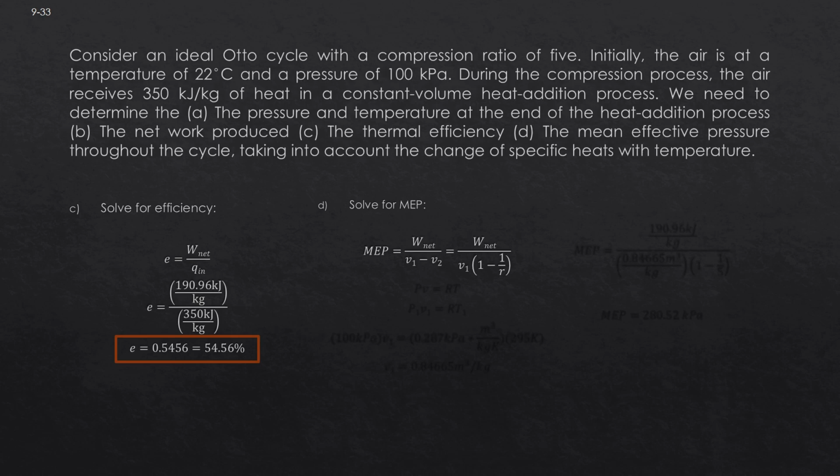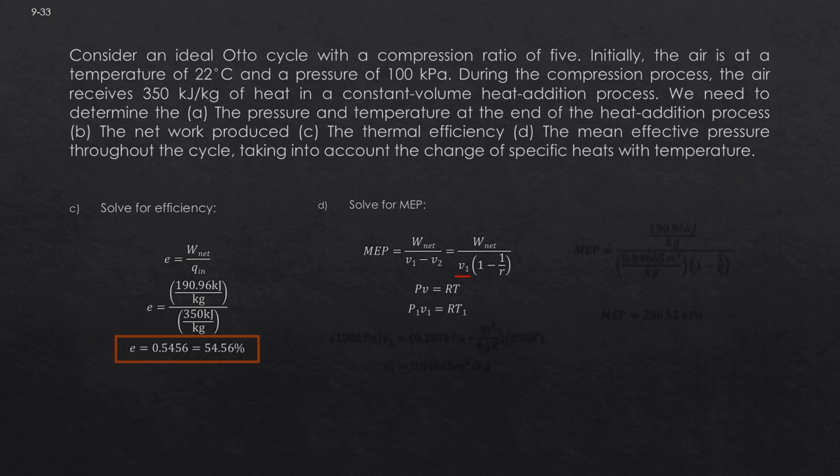What we need to find in order to calculate the MEP is V sub 1. To find V sub 1, we'll use the ideal gas equation of state, PV equals RT. Since we are solving for V sub 1, we'll use the pressure and temperature at state 1.